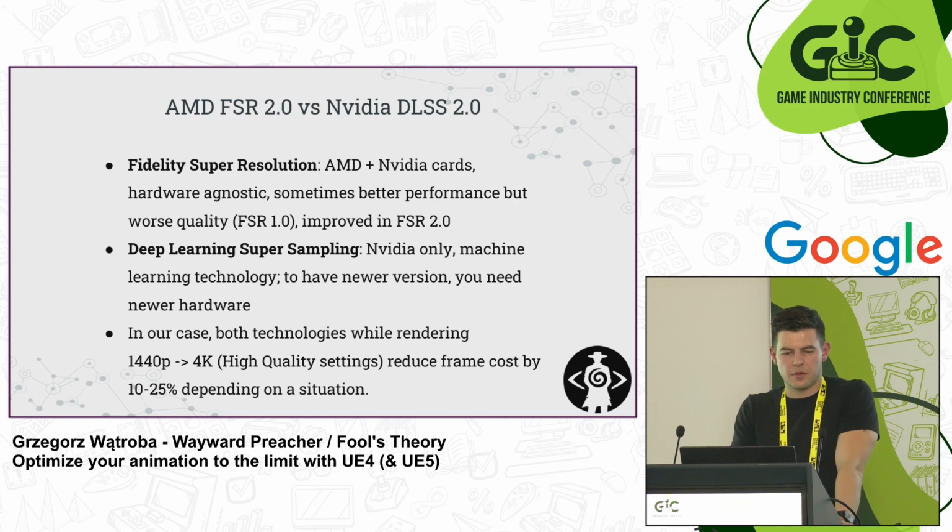And of course, we shouldn't forget about the upscaling solutions. Both AMD and NVIDIA provide very convenient plugins for Unreal with a simple configuration, and low effort demanded from a programmer. Both functionalities can be implemented quite quickly within Unreal Engine 4 and 5.